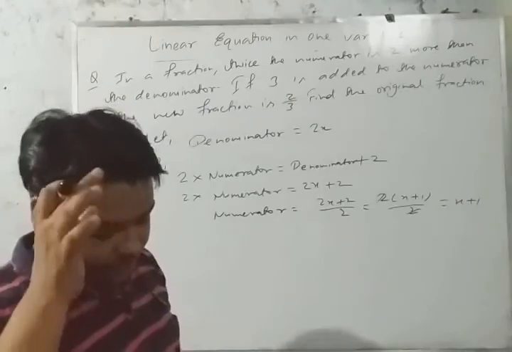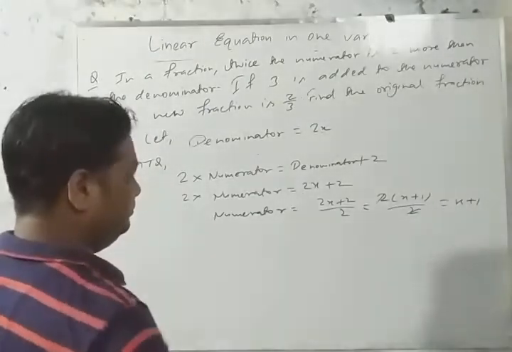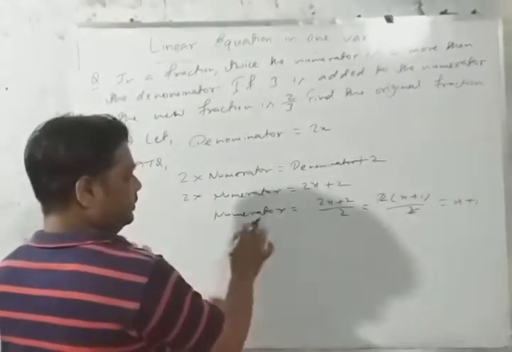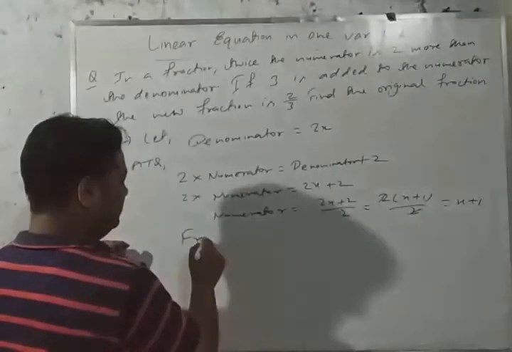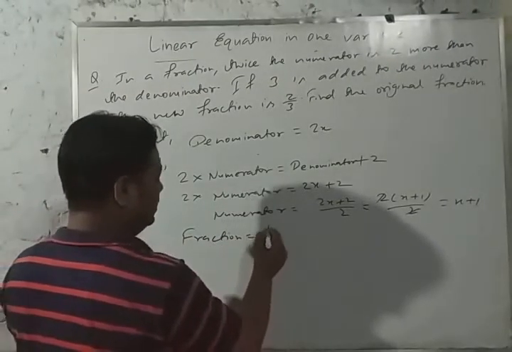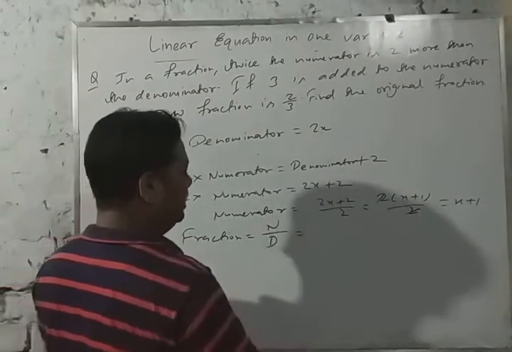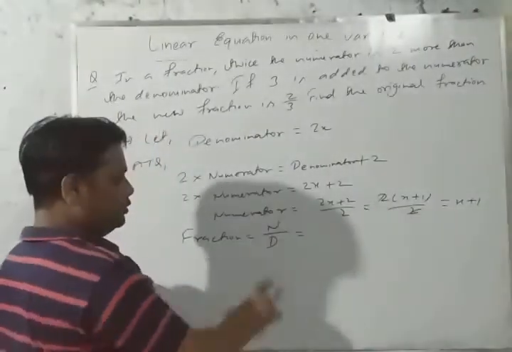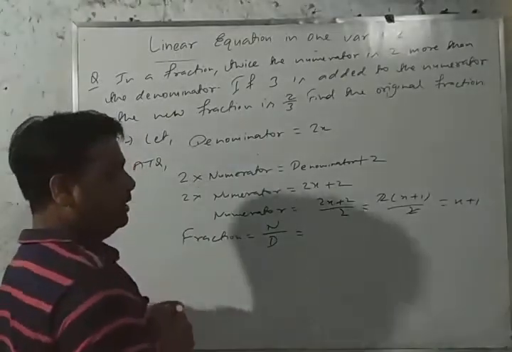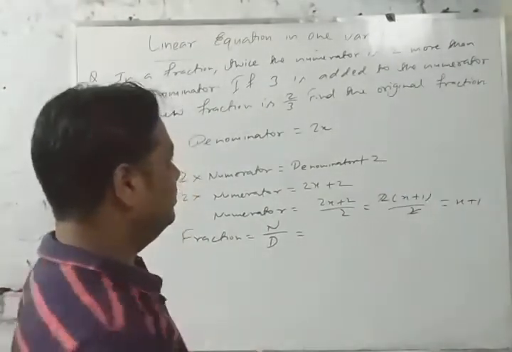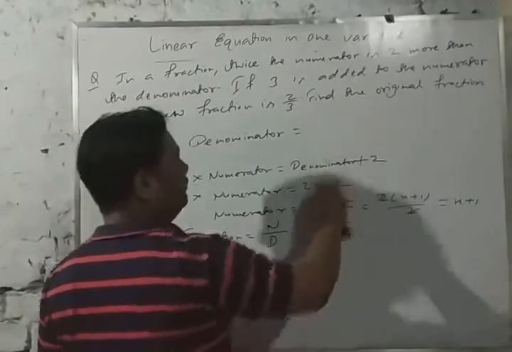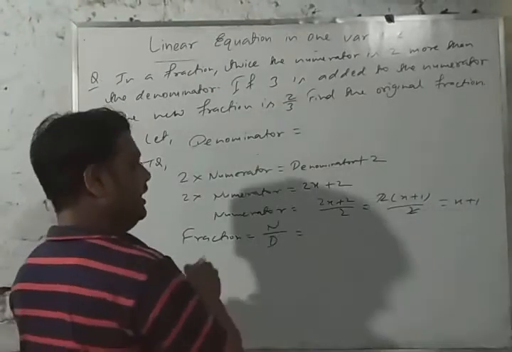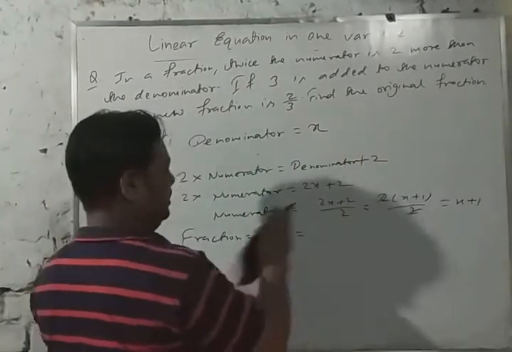Now let's find the fraction. Fraction is equal to numerator by denominator. We can assume it like that, but you will be confused, and that's why I am taking only x. Let's take x only.